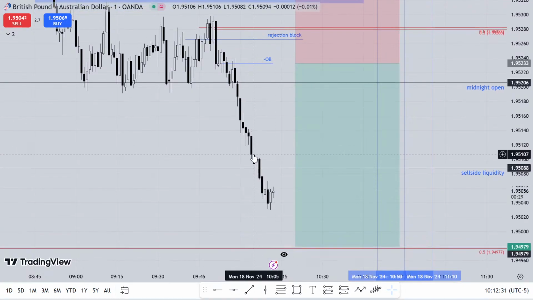So we have this imbalance here. We're allowed to come to this imbalance if need be.